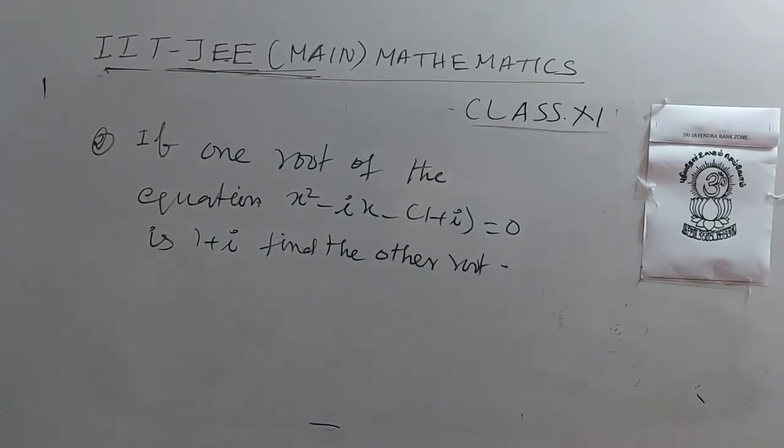We know that imaginary roots occur in pairs. So the other root we can say is 1 minus i.